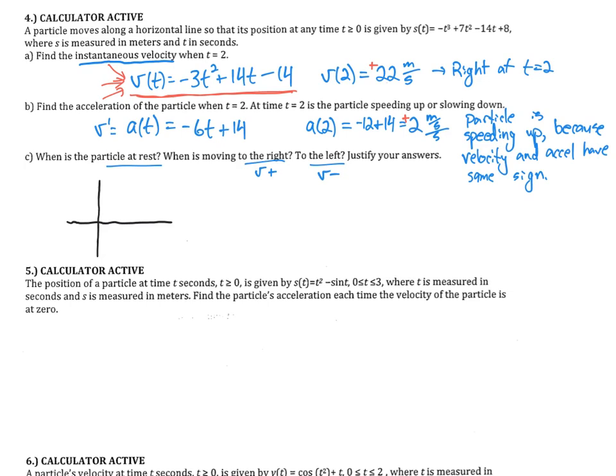So what we've got is a parabola that looks like it crosses the x-axis at 2 separate places right there. And remember, this is the graph of velocity, so I'm going to label right next to this parabola that this is the graph of velocity. And I'm going to actually use this to make my sign chart from here.